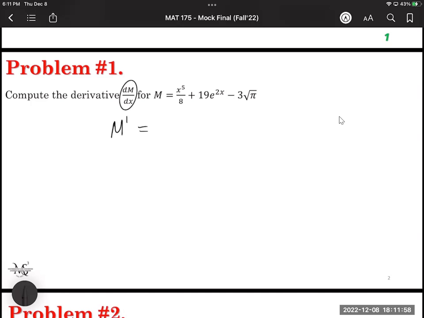All right, let's start with the x to the fifth over 8. What is the derivative of x to the fifth over 8? Anybody?